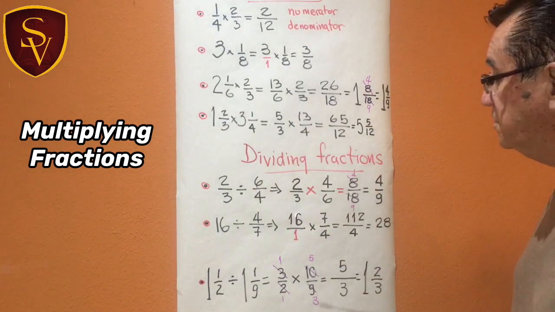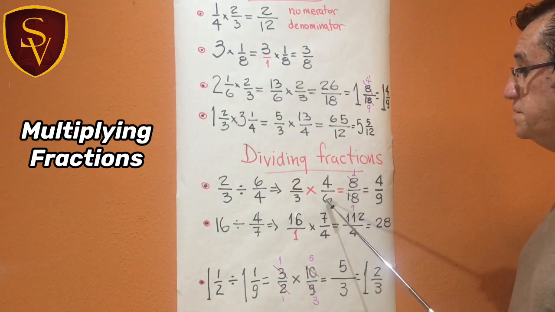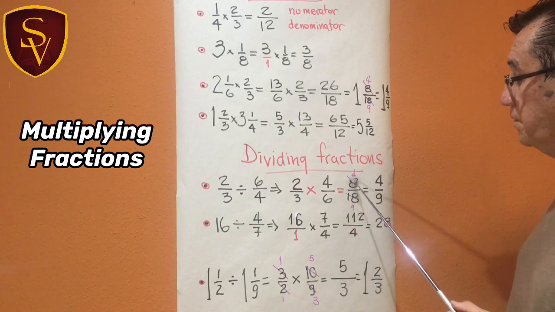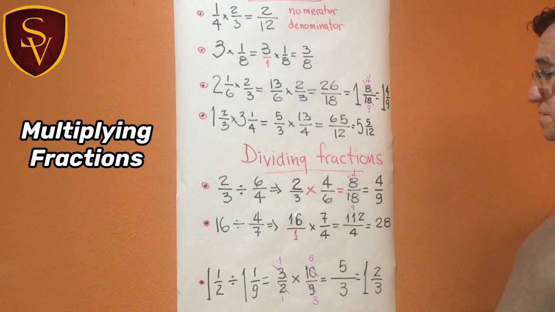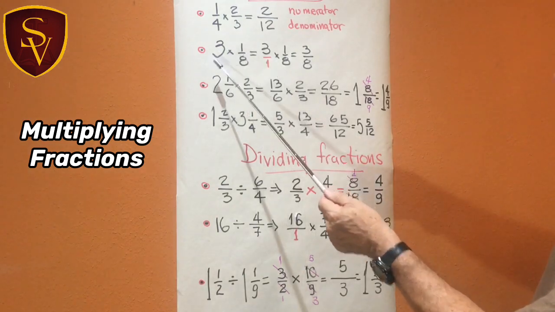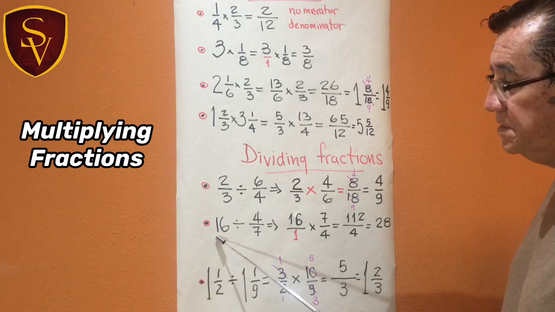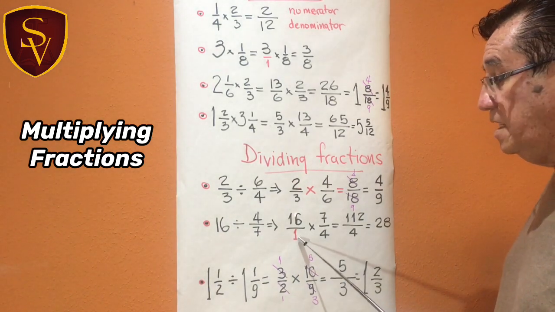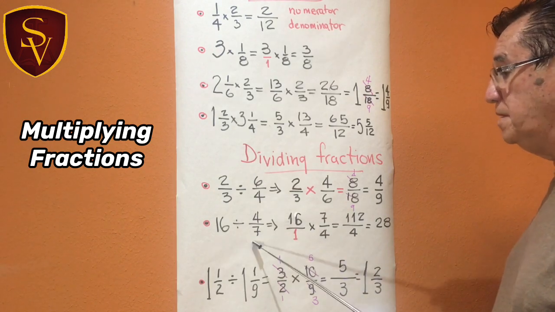And we follow the same procedure. In this case, 2 times 4 is 8, 3 times 6 is 18. We simplify and the final answer is going to be 4/9. Again, we have another example in which we have a whole number, 16, and as we know 16 has denominator 1 and it's divided by 4/7.